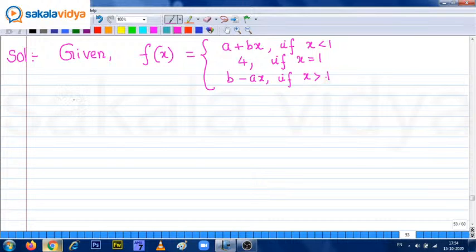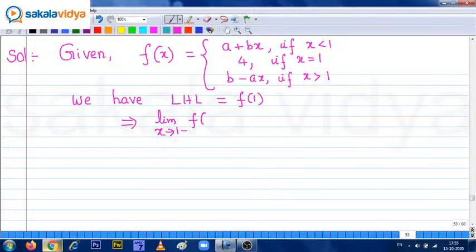So we have LHL equal to f of 1. That implies limit x tends to 1 minus f of x equals 4.